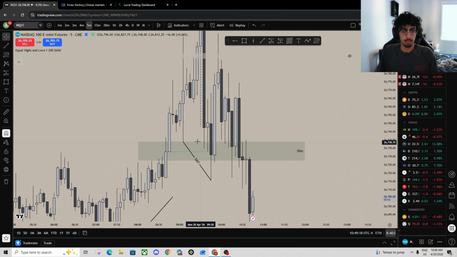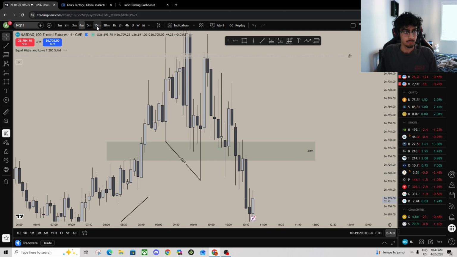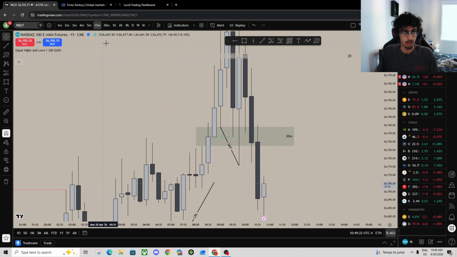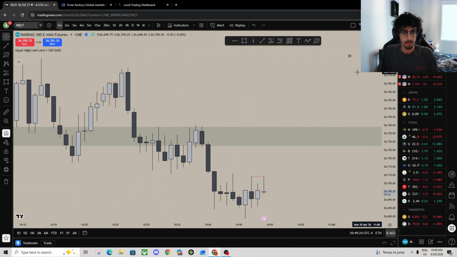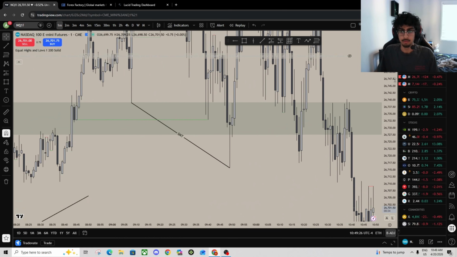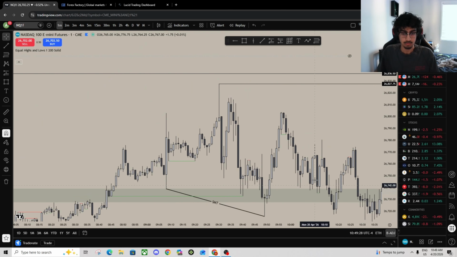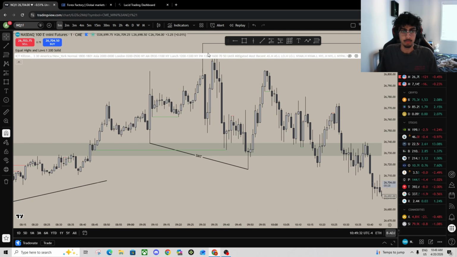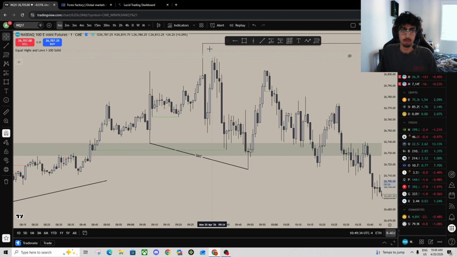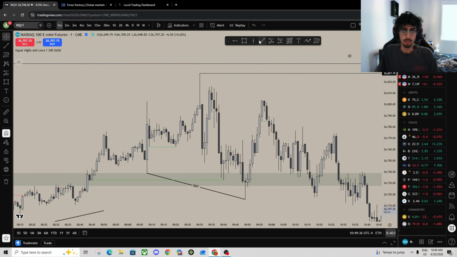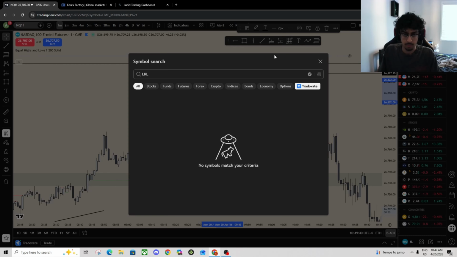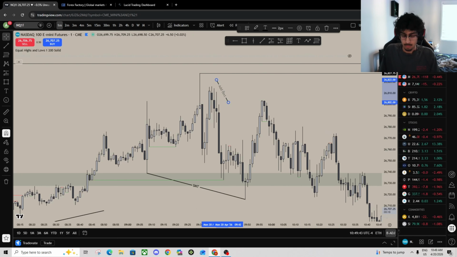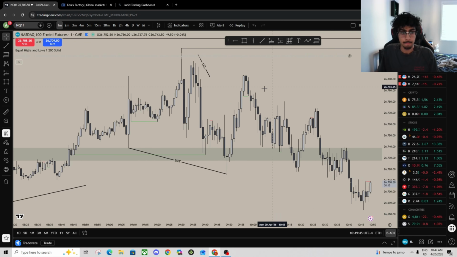And once we swept that 15-minute equal lows and filled in the 15-minute gap, we got this AMD model. So 930, we just came down, generated this low resistance liquidity right here, then came lower.